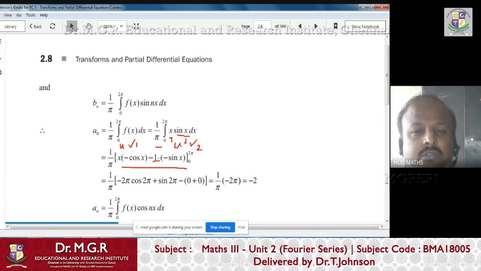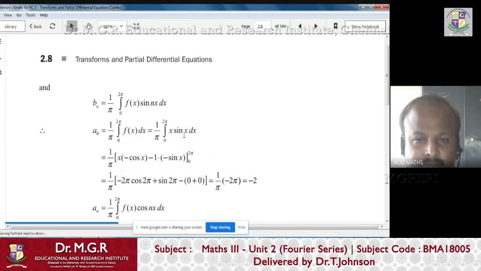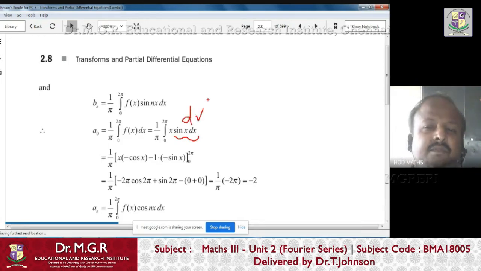So here they take u as x, and dv as sin x dx. So x they put as it is, u. Then v means the integral of sin x. The integral of sin x, you know, is minus cos x.